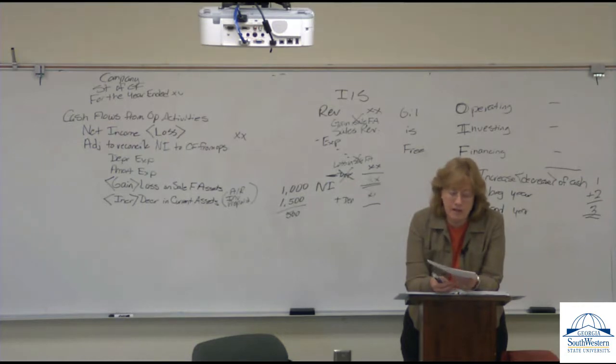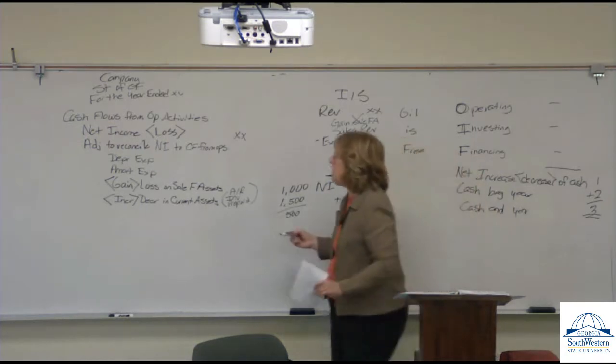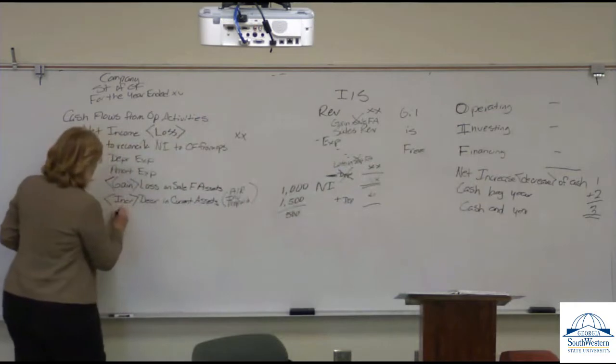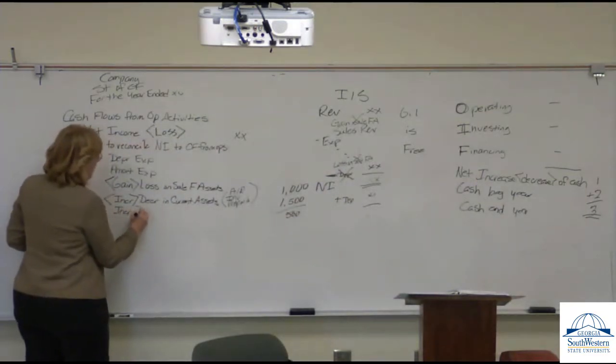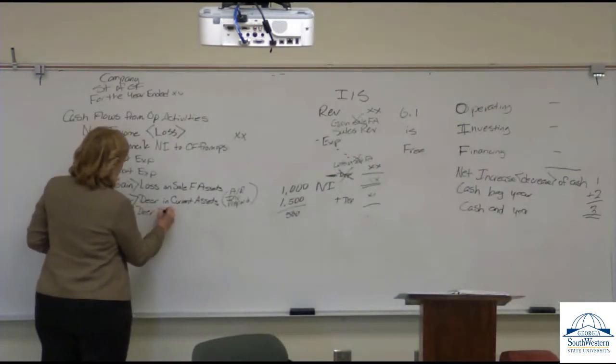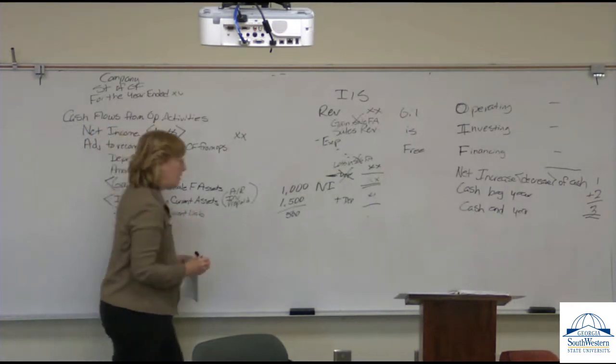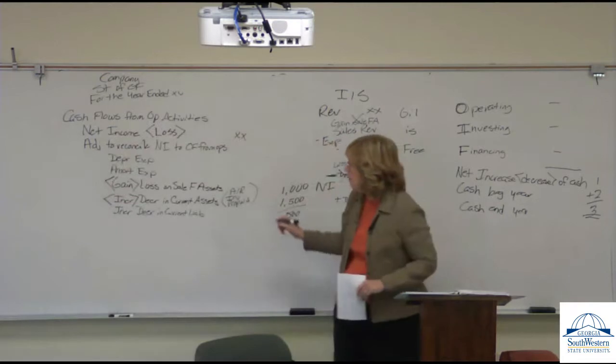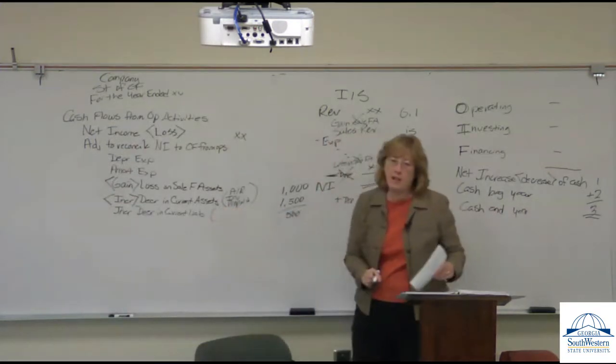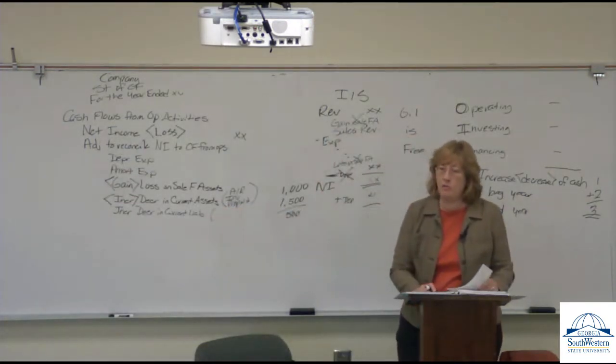Right. Okay. Now we're going to have the same thing with current liabilities. We're going to have increase or decrease in current liabilities. So when we think about current liabilities, what current liabilities are we normally thinking about?